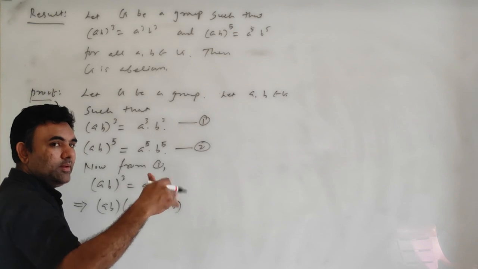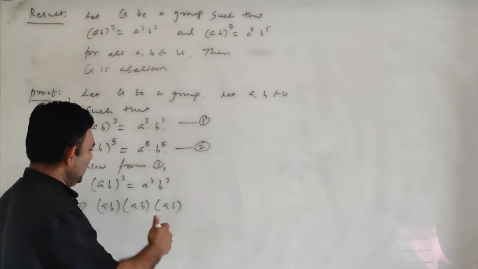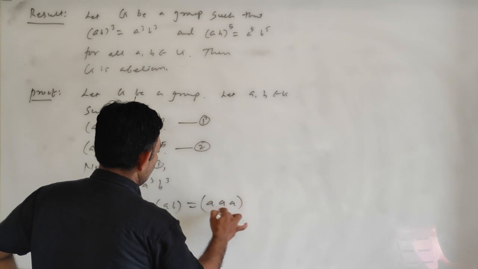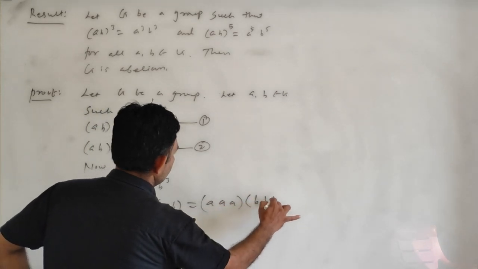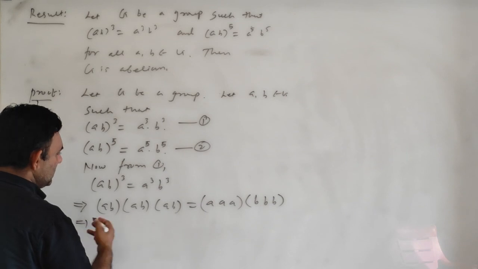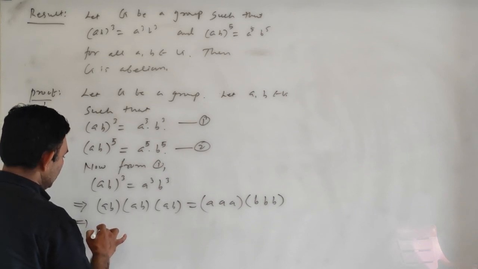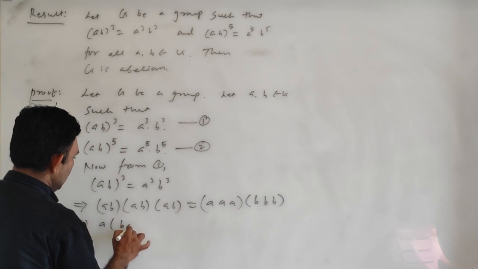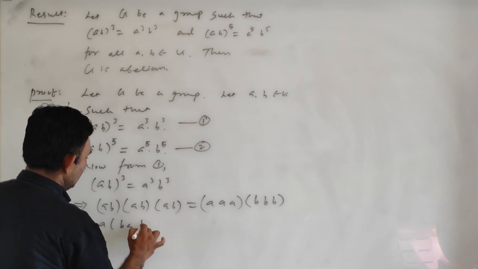I can write (AB)^3 as AB three times, and A^3 B^3 as A, A, A, B, B, B. If I club these elements in this way, you keep A this side and you keep BA and BA and B.